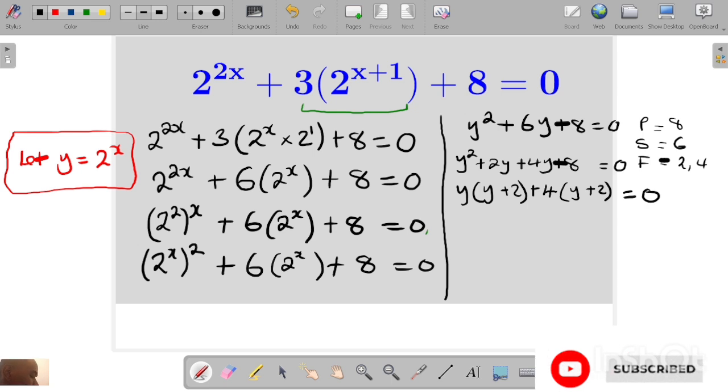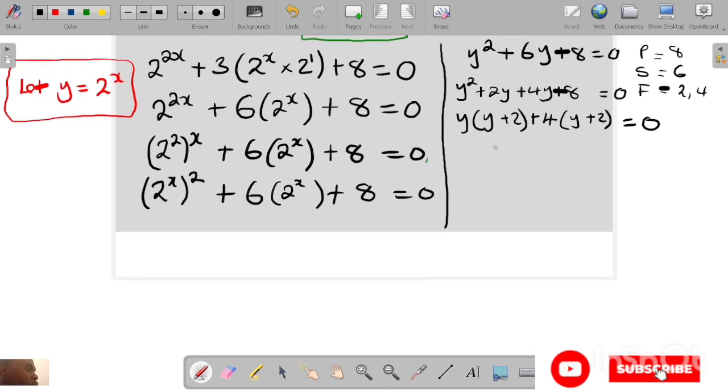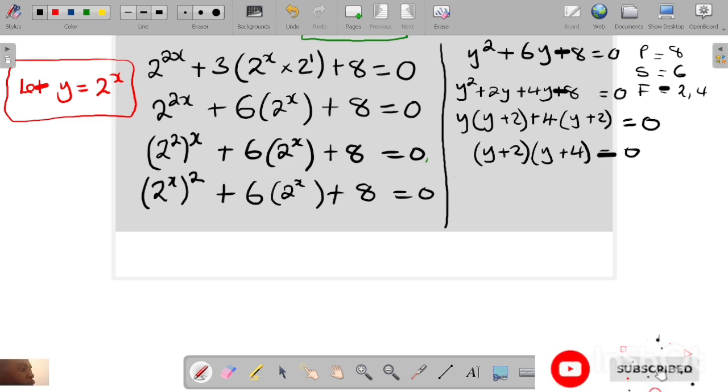Okay, so you can see that what is in the brackets is the same, so you just pick one pair, so y plus 2, and then pick the ones that are outside, y plus 4. So y plus 2 times y plus 4 is equal to 0. So when you reach this stage, it's either this is equal to 0 or this is equal to 0.